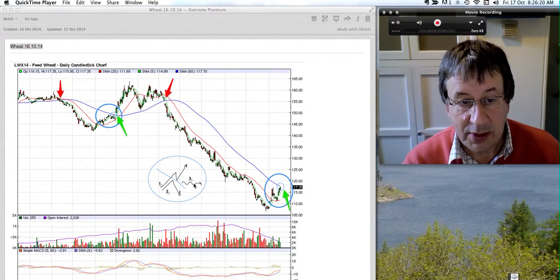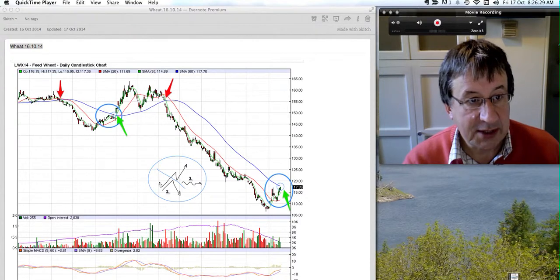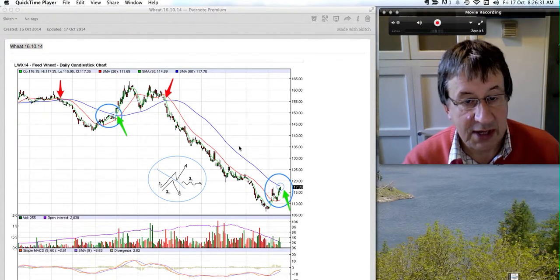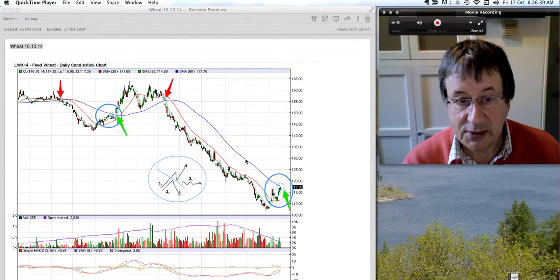Or third option here is that we just pop up through it and we then go sideways, as we were here in November and December of last year, because that's a sideways action where the moving average flattens out. But what it's showing us is that we've come back to the mean value of the last 60 days, so the last 3 months. The price now has come back, and we are at the value of that.